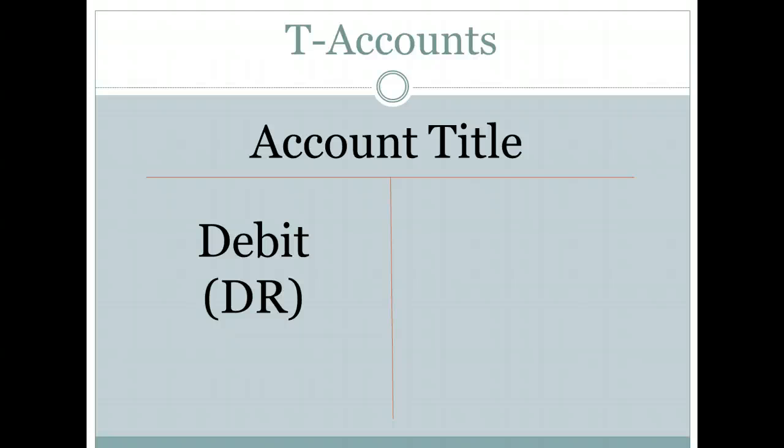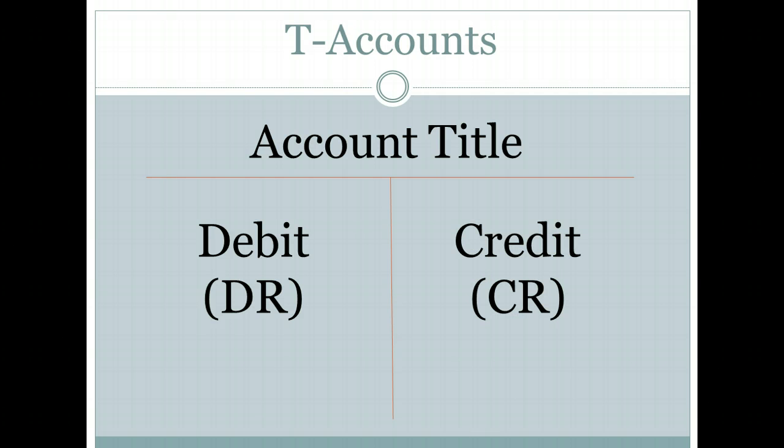The smart ones among you are noticing that we use the initials DR and there is no R in debit. Well, the reason we use DR is because it aligns with the right side of the T, which we call the credit side, or CR.